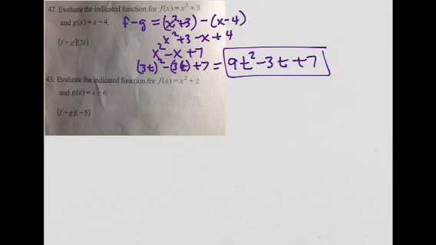For number 43, I'll use the second method where I do f of negative 5 minus g of negative 5, just again to show you the different ways you can do this.